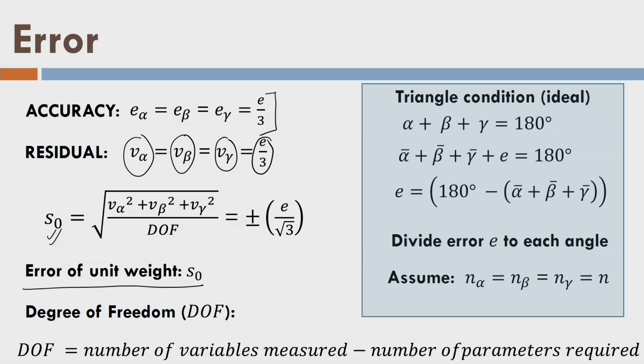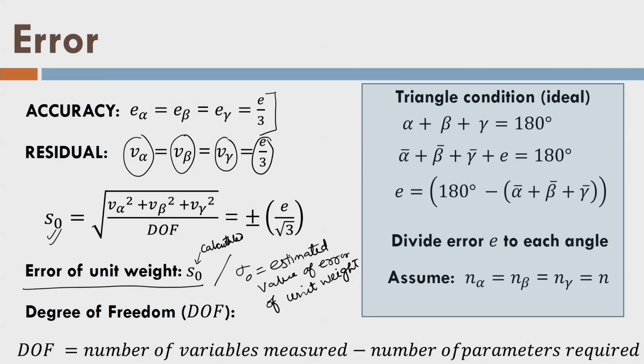But if it is estimated, we generally write it by sigma 0. It is the estimated value of the error of unit weight, and this H0 is nothing but the calculated value after the complete adjustment process is over.